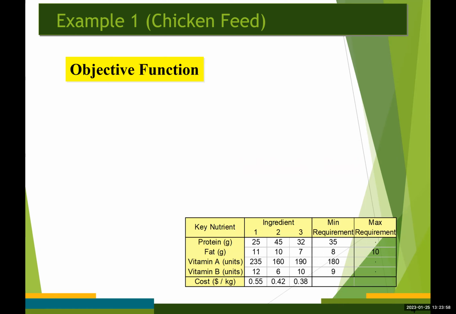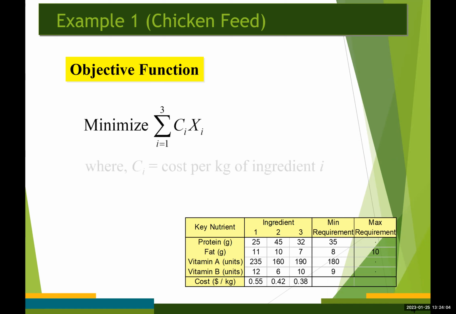So the objective function, in this case, is to minimize the total cost, right? So it can be expressed with a mathematical form just like that. Of course, we are going to use these 3 constant values as the objective coefficients, in this case, C sub i, right? This is going to be C sub 1, C sub 2, and C sub 3, okay?